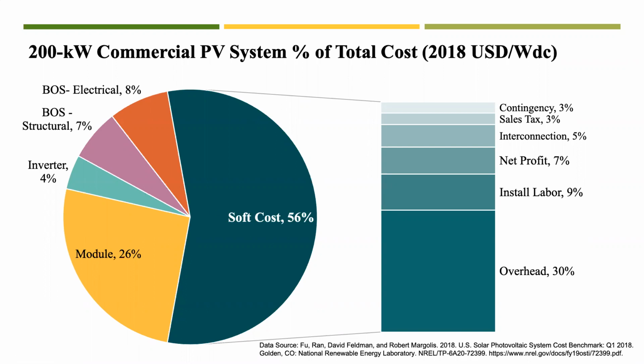And just a note that, again, this is for a commercial system. These allocation breakdowns are slightly different from sector to sector. Residential and commercial are pretty close, but as you get into utility scale projects, the soft costs tend to represent a smaller portion of the overall installation compared to commercial.